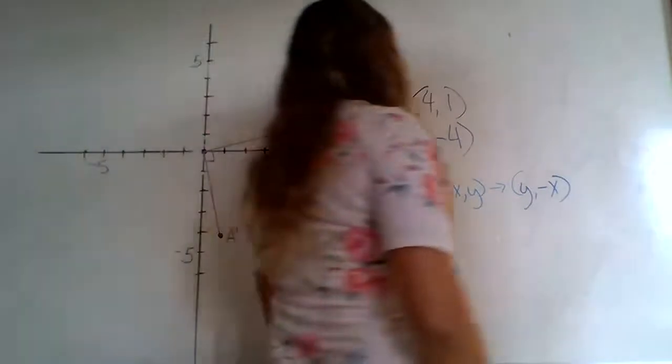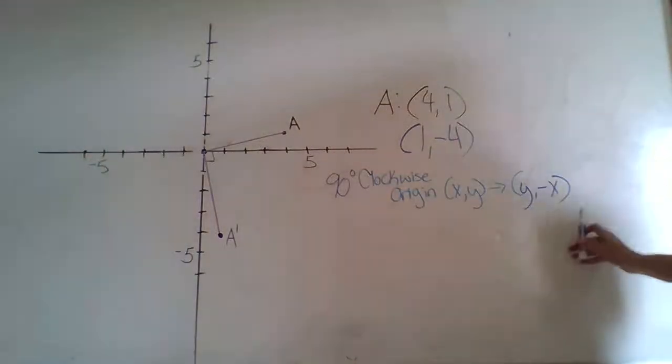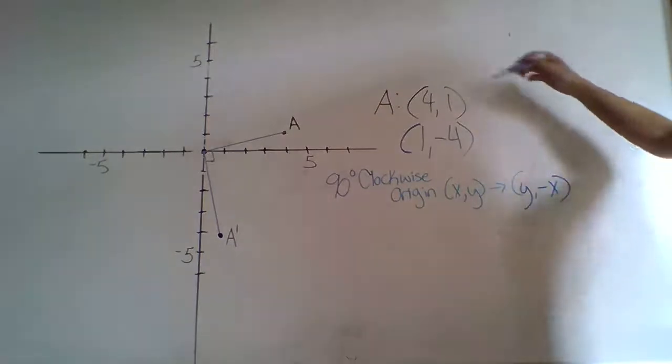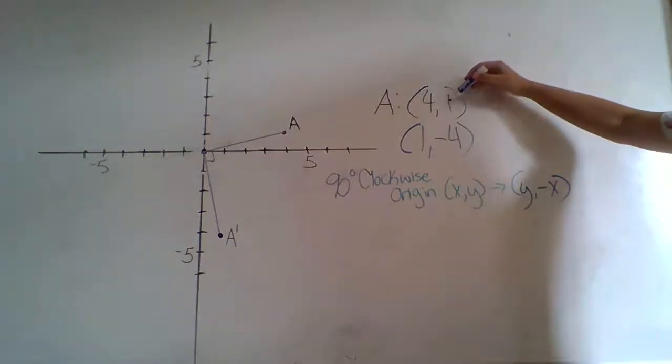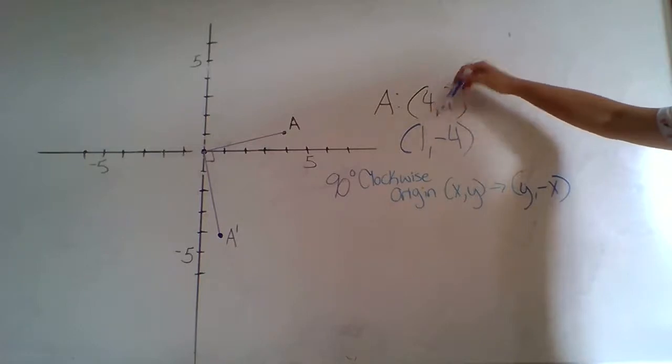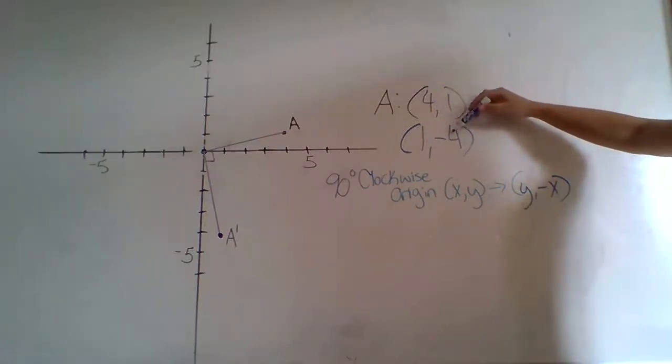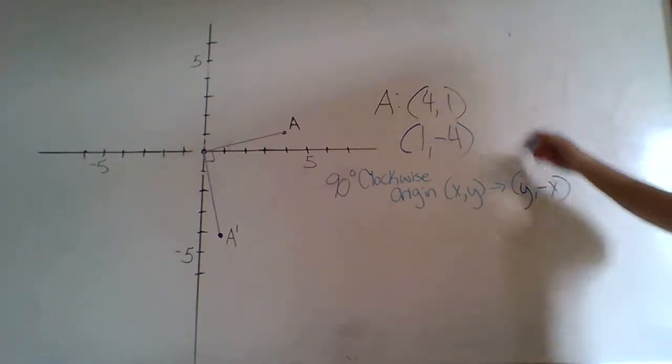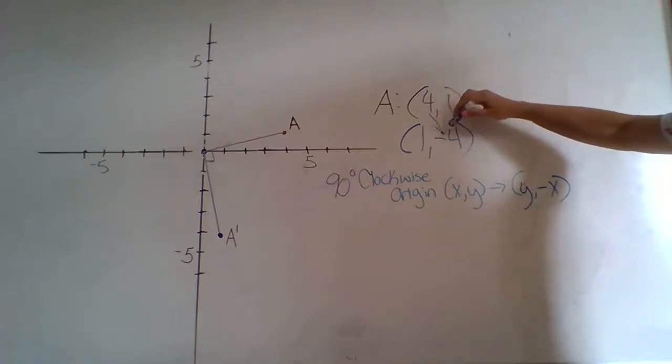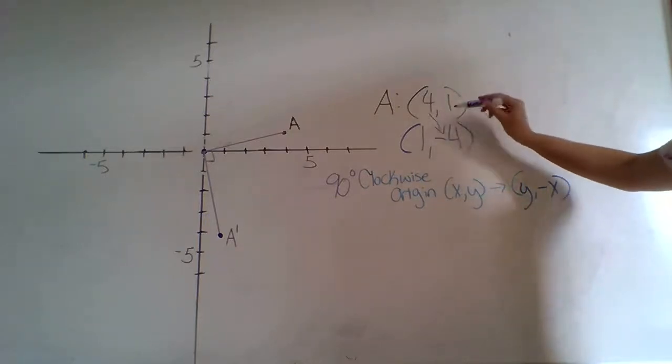It's also a way to double check. My y value becomes my x value, and then my x value becomes negative, and it's now my y value.